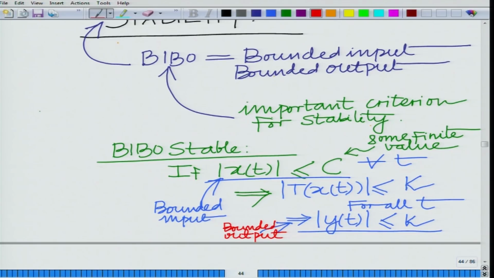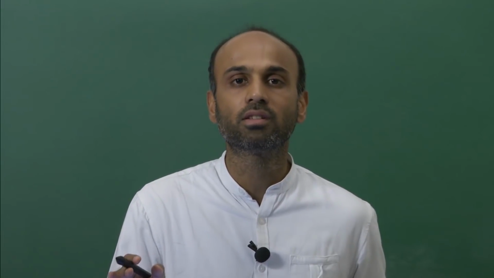Any bounded input to the system must produce an output that is upper bounded by a certain constant value. If the system satisfies this property for all bounded input signals, it is known as a BIBO stable system, that is, a stable system under the bounded input, bounded output stability criteria.